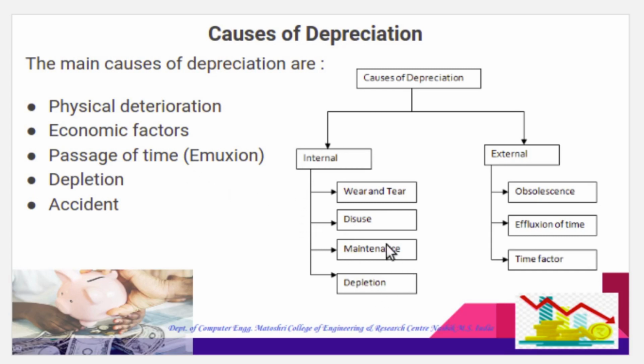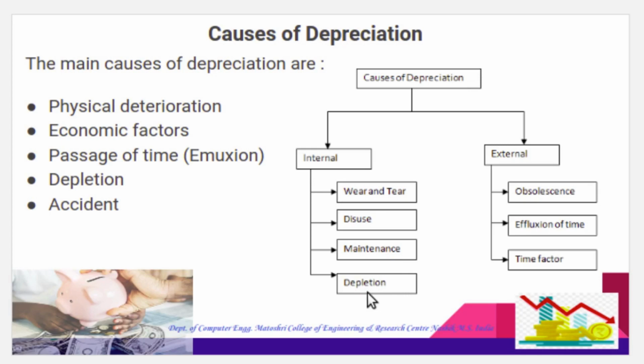From this diagram, the internal causes are further classified. Wear and tear means decrease in an asset's value arising from its use in business operation. The second one is disuse. When a machine is kept continuously idle, it becomes potentially less useful. Next is maintenance. When the machine is not maintained properly, its condition gets deteriorated.